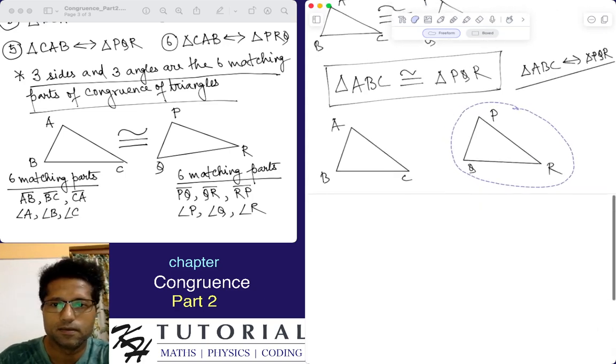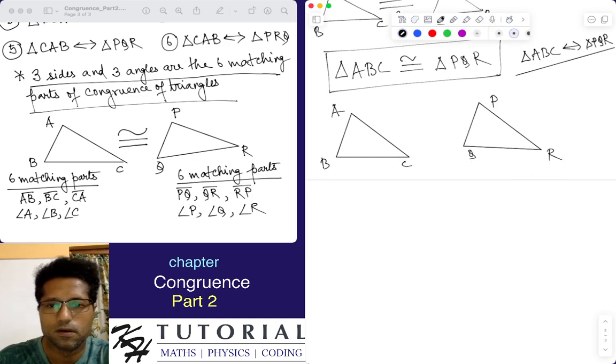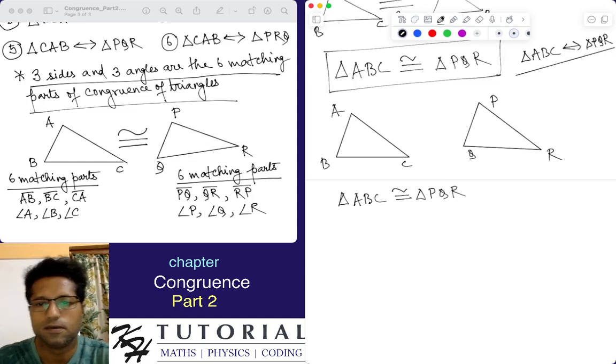If I'm trying to verify whether triangle ABC is congruent to triangle PQR or not, I know the mapping is triangle ABC mapped to triangle PQR.